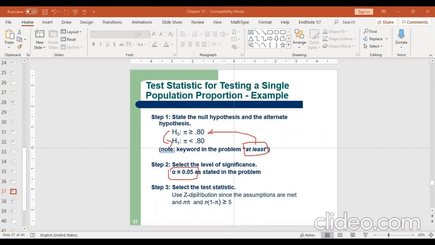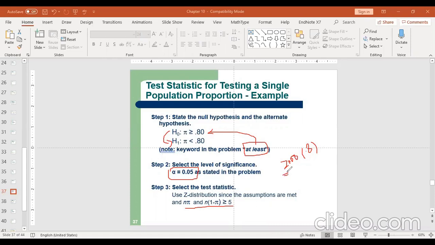So how will we select the test statistic? If this condition is met, then we will use the Z distribution. So what was n? n was 2000 times 0.8, which is definitely bigger than 5.